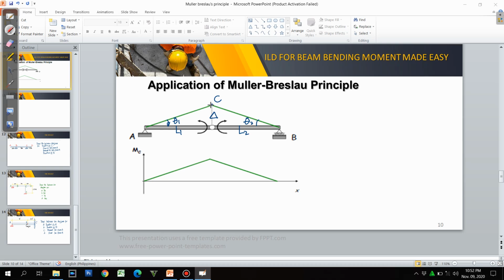Thereby, the sum of the rotation will just be equal to 1. So theta here will just be equal to 1. And by rule of our trigonometry or geometry, isn't it that if we are going to bisect this one, this is also theta 2. And this is theta 1.